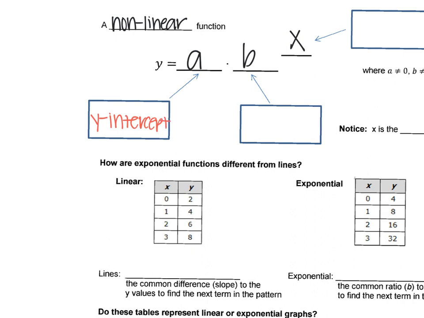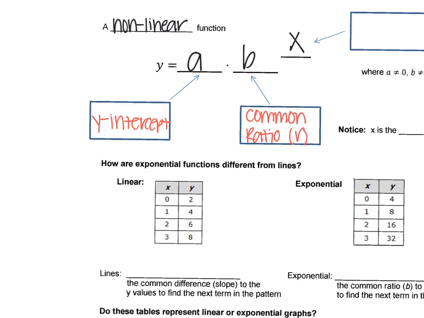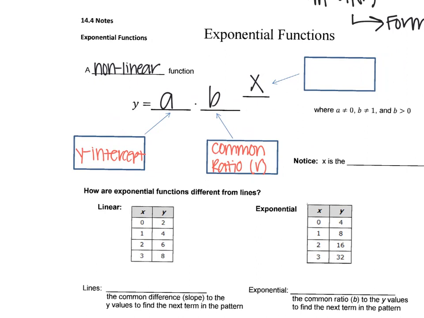The b this time is the common ratio. So it's the same thing as r. It's just b in this formula because we can't keep anything simple in math, right? And then x is your exponent. In all exponential functions, you have x as the exponent.